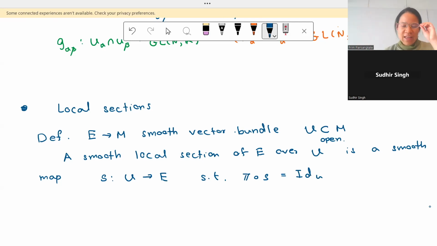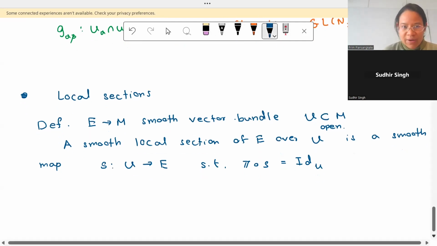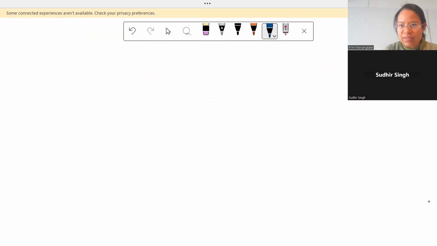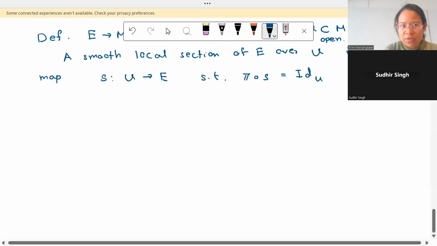We have seen this many times when we talk about vector fields, covector fields, tensor fields. So they are examples of sections of a vector bundle. And we have the same diagram, the same picture that I drew before.